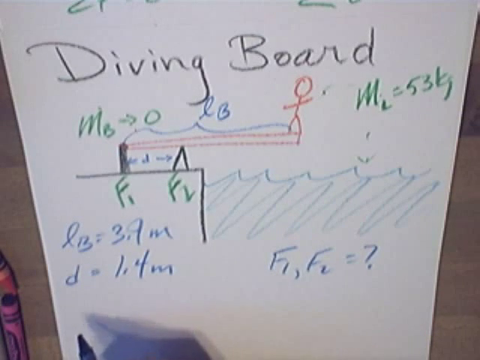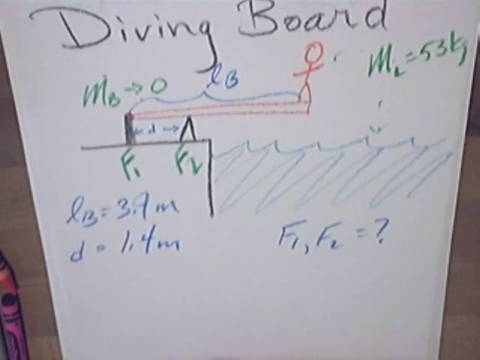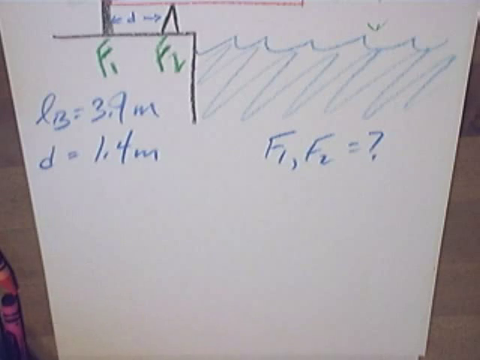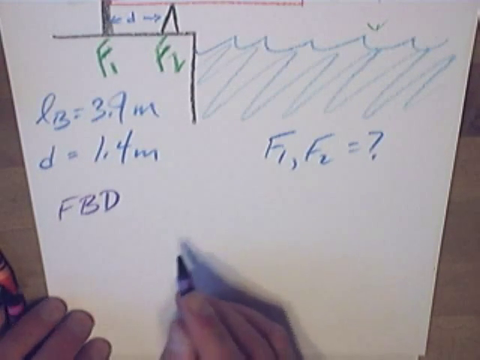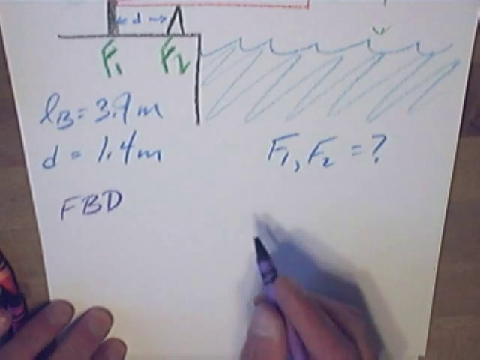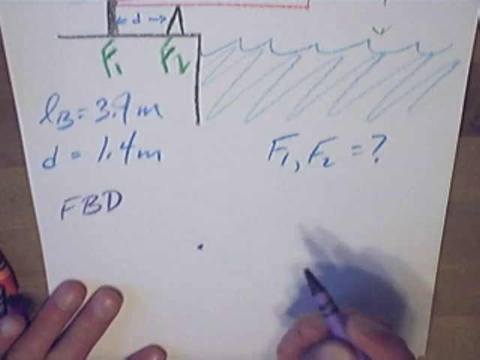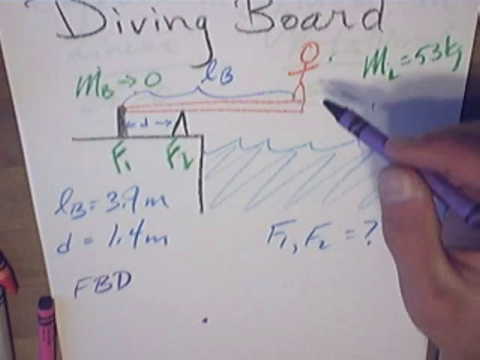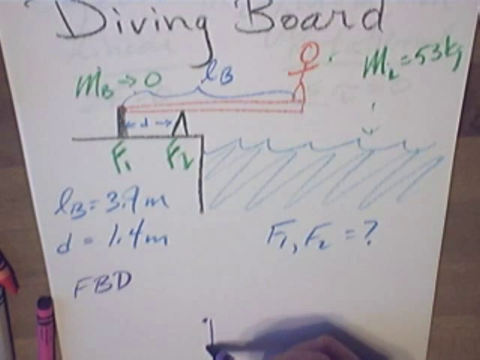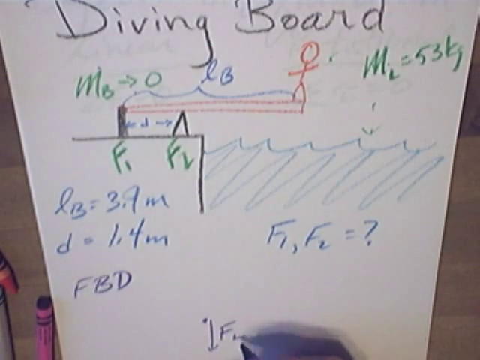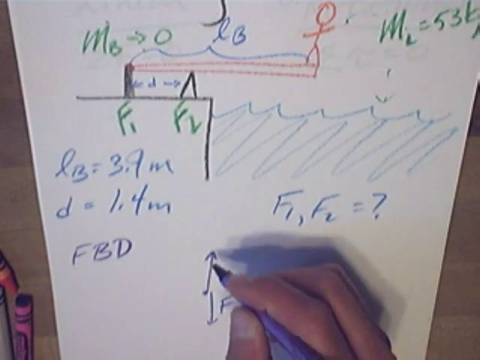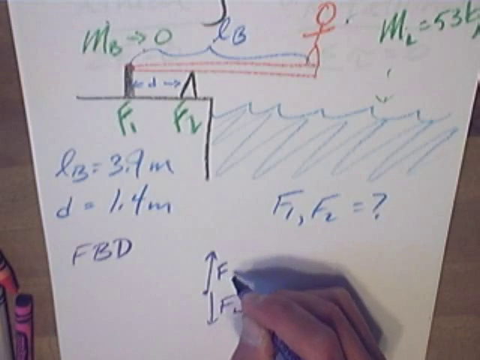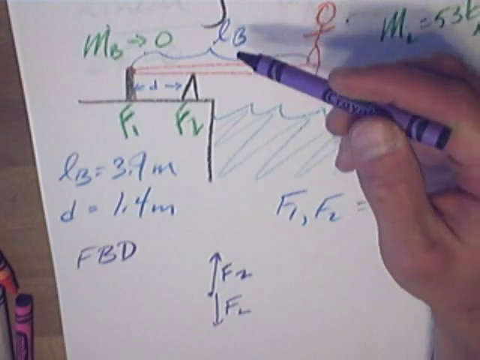Well, let's start with our old favorite, the free body diagram. I've got me pushing down, that's the force of Lubbs. I have this one pushing up, the force F2.